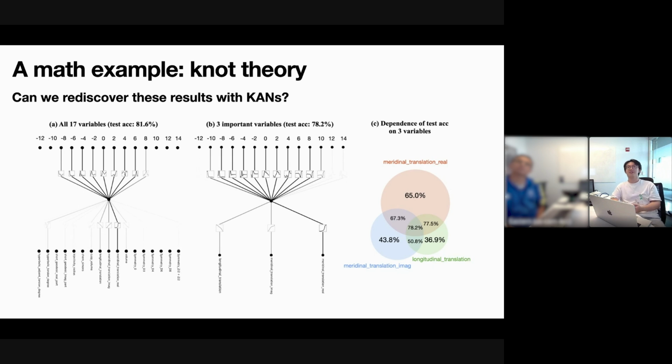But the point here is, what kind of insight can you gain from it? From this plot, we can clearly see some connections are strong, some connections are weak, and this is indicative of which variables are important and which are less relevant.